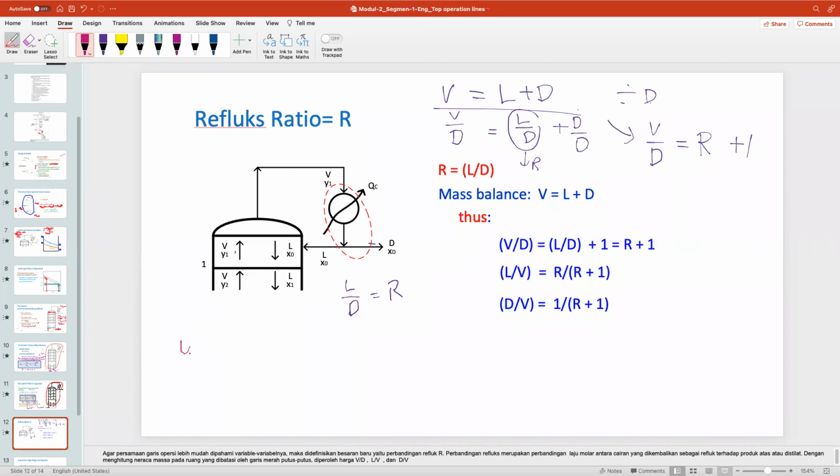So y n plus 1 equals L over V xn plus xd multiplied by D over V. Okay, so let's change this equation into something with the reflux ratio.